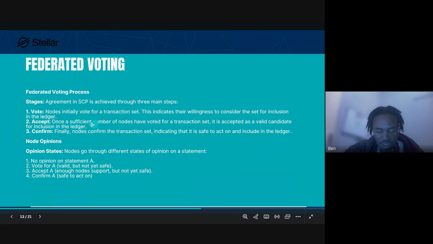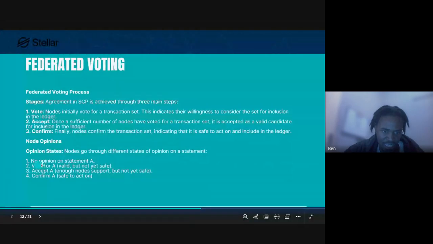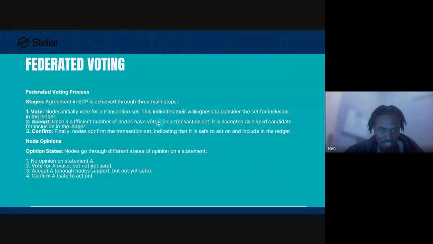Let's say you've seen 3 nodes out of 4 in your quorum set form an agreement that the transaction is in fact valid, and then your node also agrees that the transaction is valid.